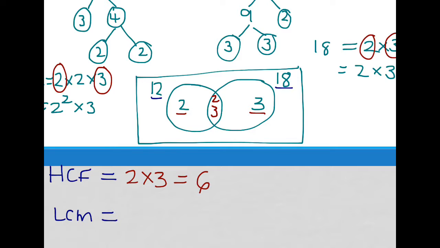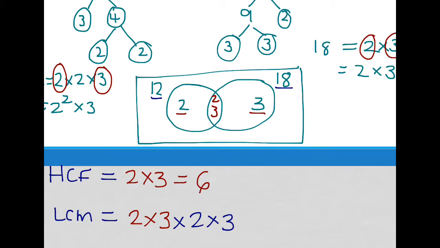Now the lowest common multiple, which is the new thing for this lesson. So here we would write down the part that is in the intersection that's found in both numbers. So these factors are found in both numbers, so we write those down to start with, and then we write down the parts that are only found in the individual numbers, and that would be then multiplied by my 2 and another 3.